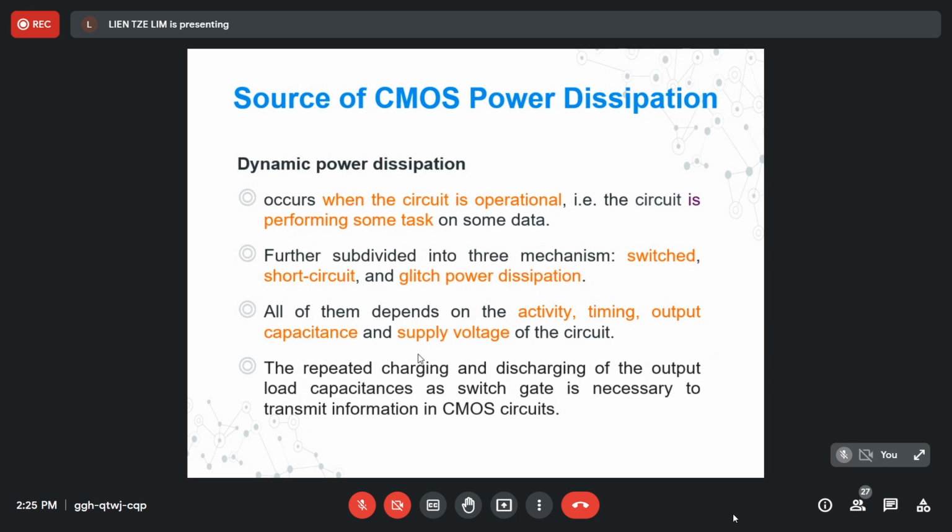Also, in the transistor circuit, each output has a load capacitance, so it will also dissipate power. The repeated charging and discharging of the output load capacitance as the gate switches is necessary to transmit information in a CMOS circuit.